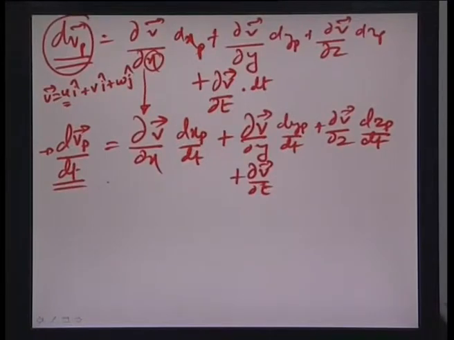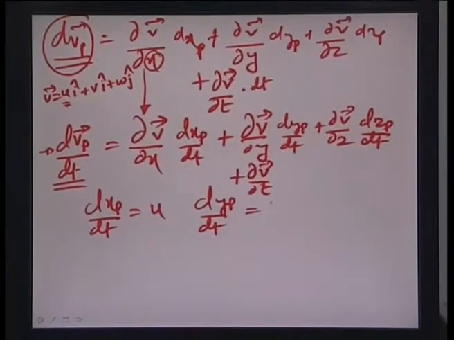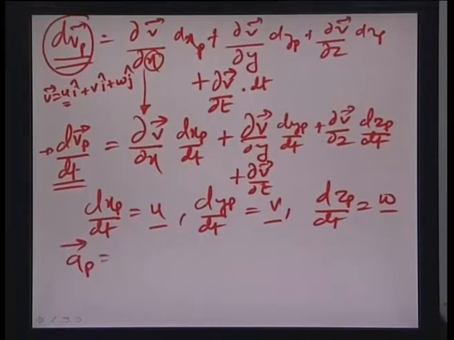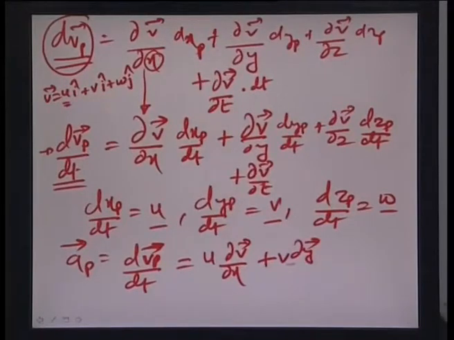Now as we know, dxp by dt is nothing but the velocity of the particle in the x direction, dyp by dt is the velocity in the y direction, and dzp by dt is the velocity in the z direction. We can represent them by u, v and w. So the acceleration vector, which is dvp by dt, the rate of change of velocity vector of particle p with respect to t, is u del v by del x plus v del v by del y plus w del v by del z.